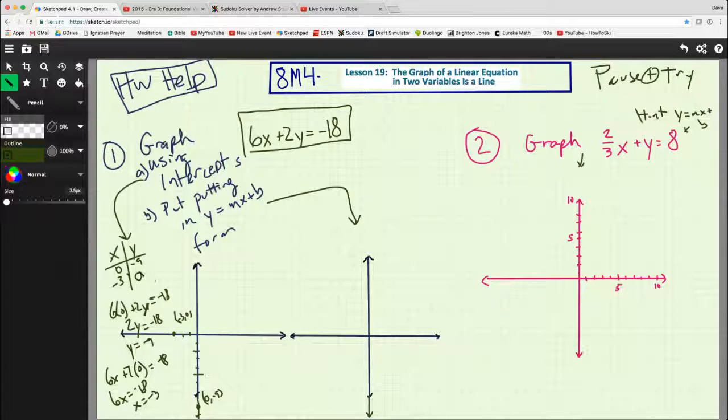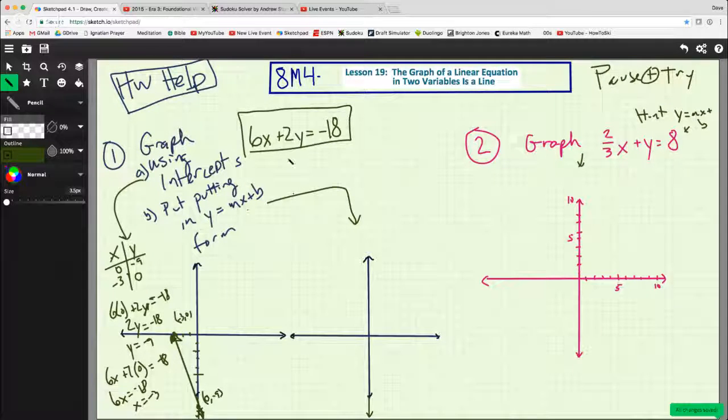And we have our line where it crosses both axes, our 2 intercepts, in other words. And there you have it.